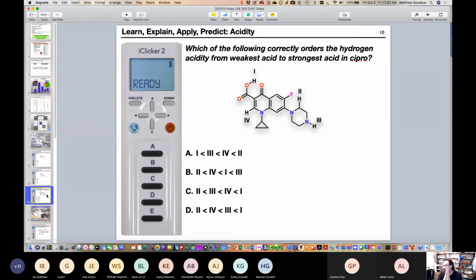Again, I think probably the thing that confuses students with this is the less than, greater than. The weakest acid has to be listed first, or to the most left. The strongest acid has to be listed last, or to the most right. And then what that less than symbol means.